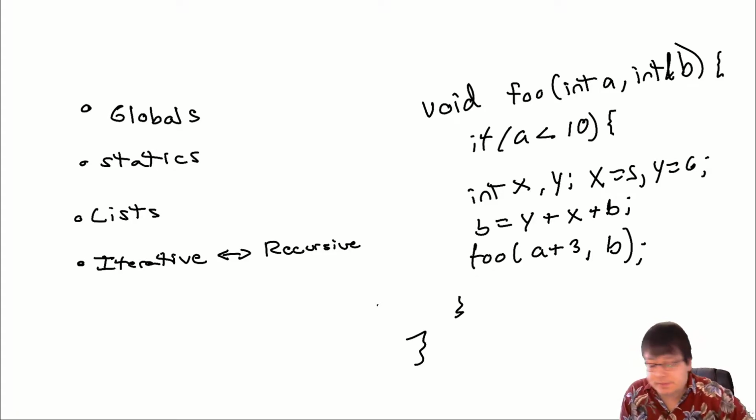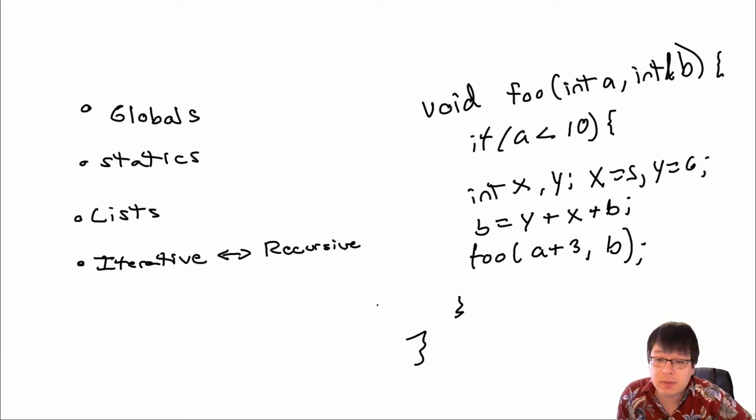So now we have the same code, in the sense that we have a base case and a recursive case. It's just that they're wrapped into one because there's no return keyword. But really, we just flipped the logic, because now if a is less than 10, you keep recursing, and if a becomes 10 or greater, then you stop.